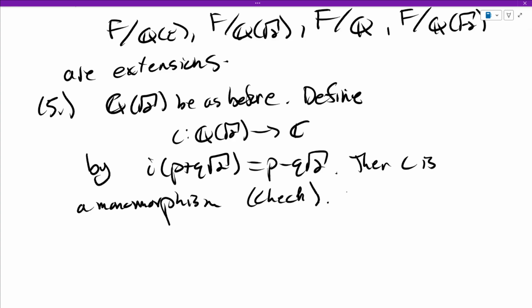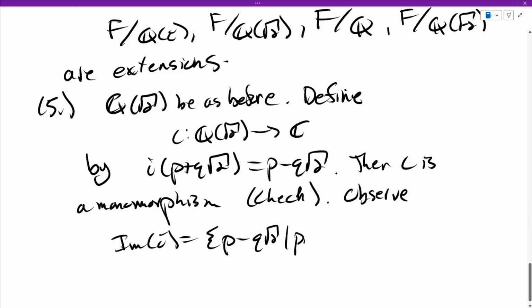So notice here, let's just observe that the image of iota is a collection of all p minus q root 2's, where p and q are in Q. I'm going to let r be negative q. Then as q runs over all rationals, r is going to run over all rationals because negation is a bijection of the rationals.